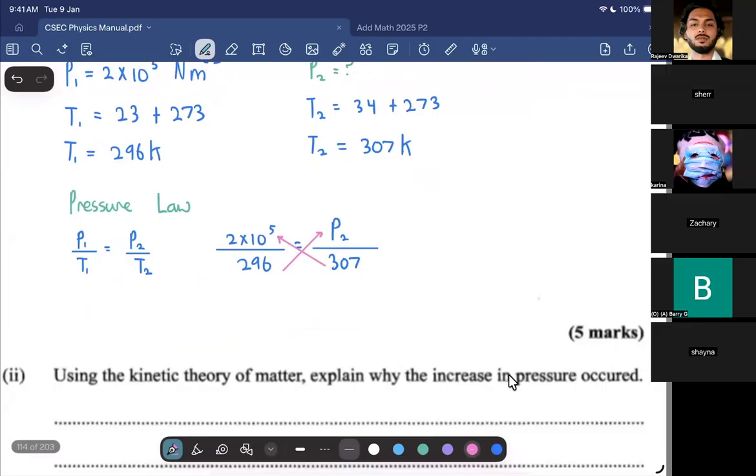I want the unknown to be on the left-hand side, so I'm going to do the multiplication involving P2 first. So that's going to be 296 P2 equals to what, Zachary? 2 by 10 to the power 5 by 307.